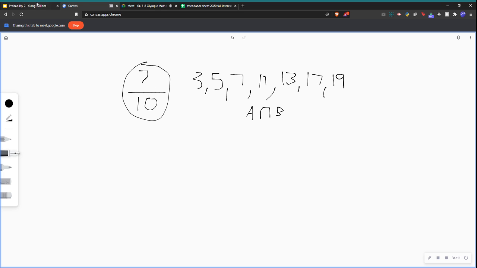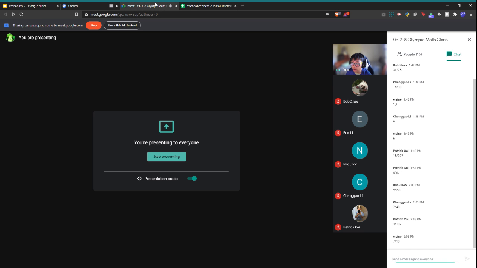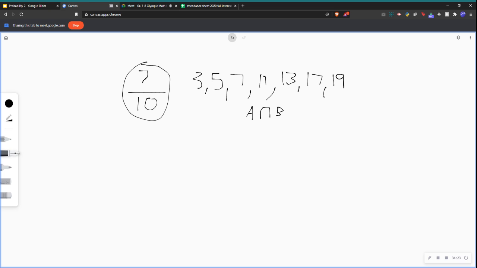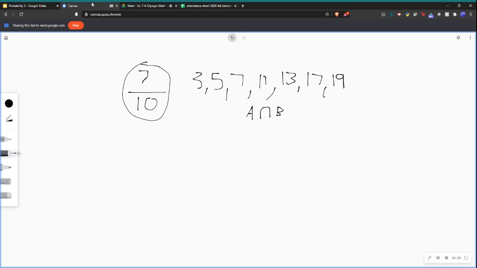Any questions about this? Ten, it's because the question says it's given that the number rolled has to be odd. So it can't just be a random number from 1 to 20.